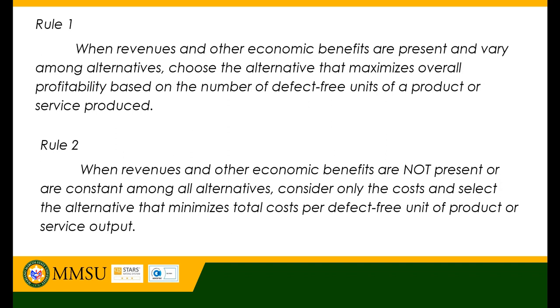Rule 1 kapag revenue ang pinag-uusapan, okay? Other benefits, of course, we need to choose the alternative that gives us the highest profit. Okay, profit. Rule number 2, kapag revenues parehas lang for all alternatives or hindi siya given, hindi binigay, and syempre, compare natin yung cost.